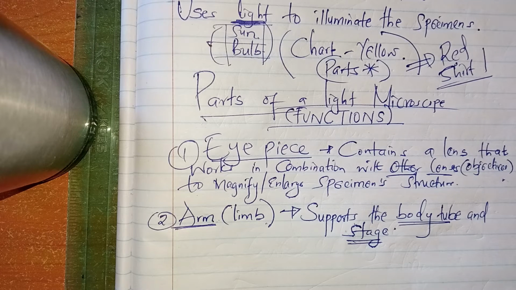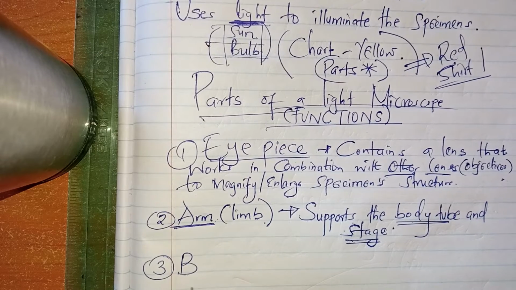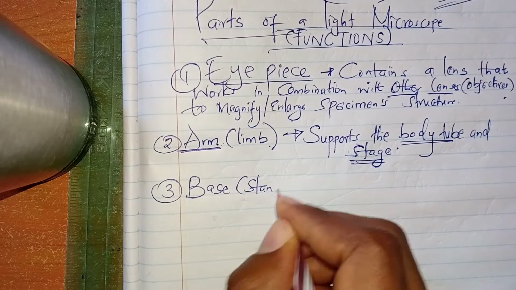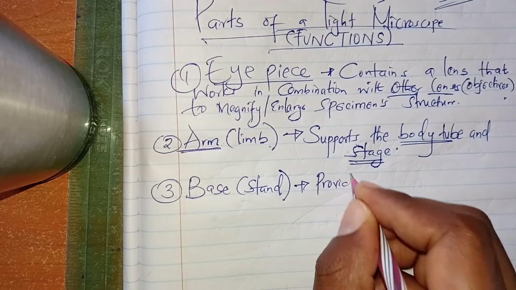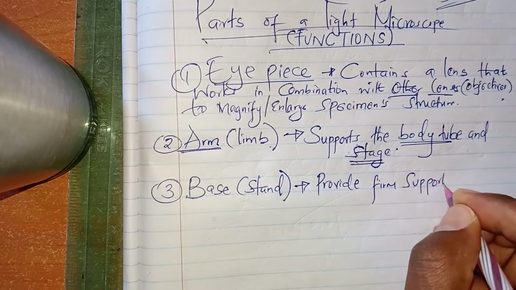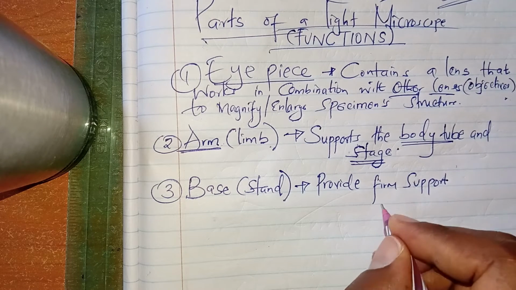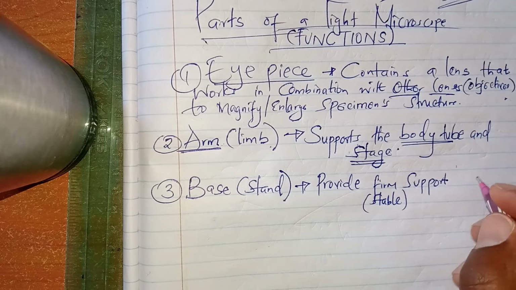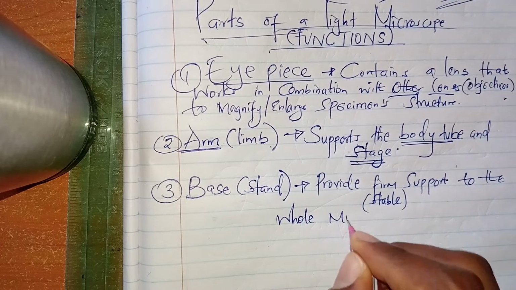We also have the third part, another support part. We call it the base, also called the stand. The base stand is to provide firm, or stable, support to the whole microscope.